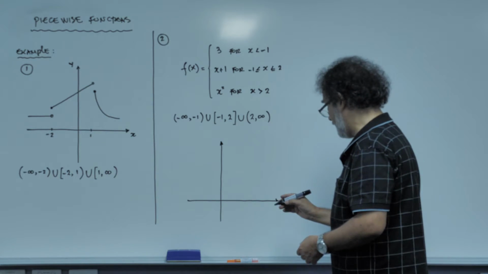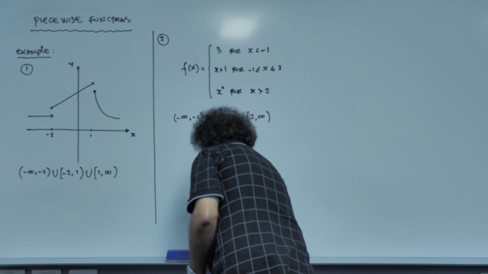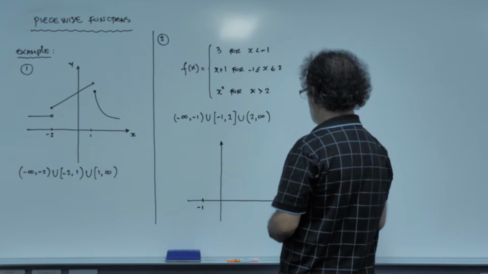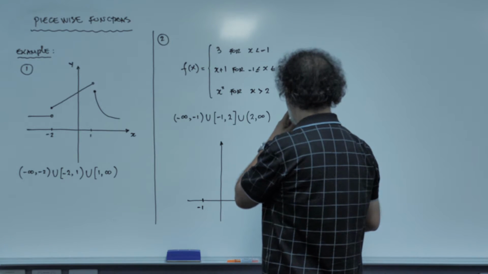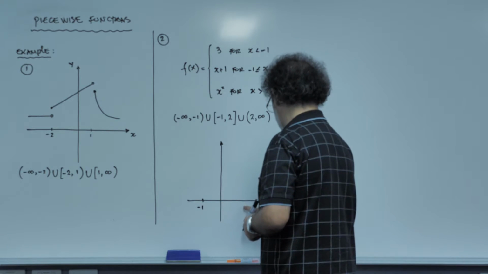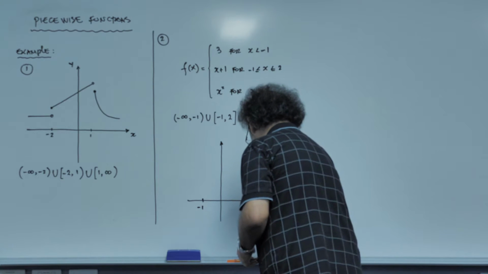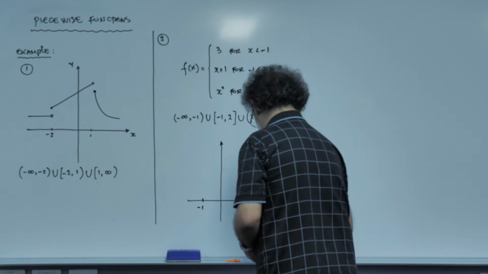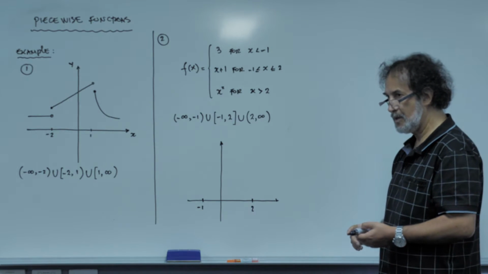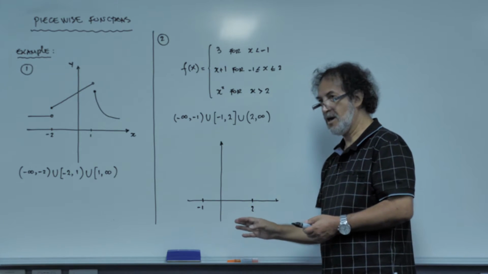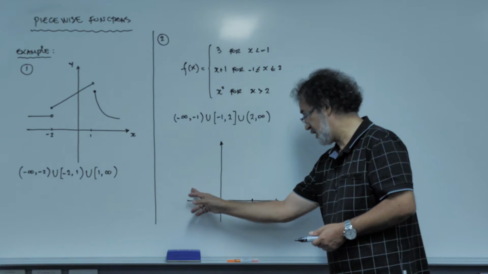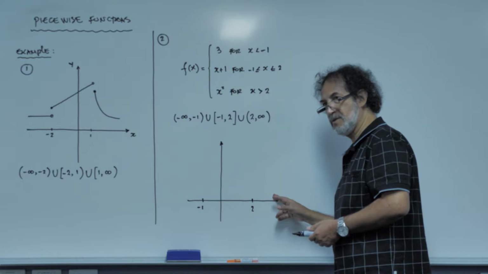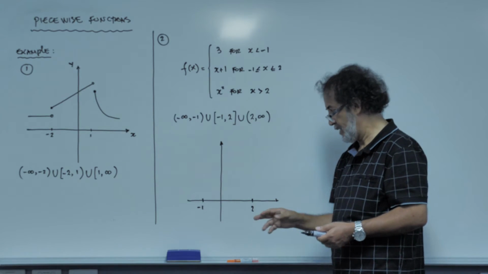So we have -1, so I'm going to put -1 in there. And then from -1 to +2, so let's say somewhere here. Here we have one interval on the left, the middle interval, and then the right interval. Can you see that? Yeah.